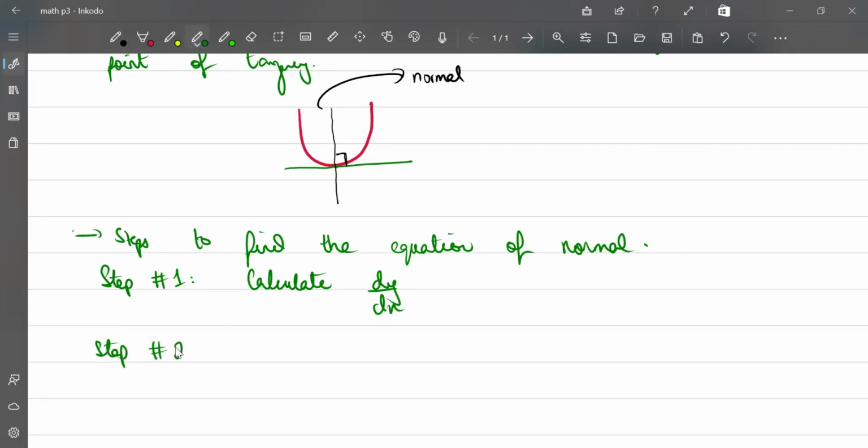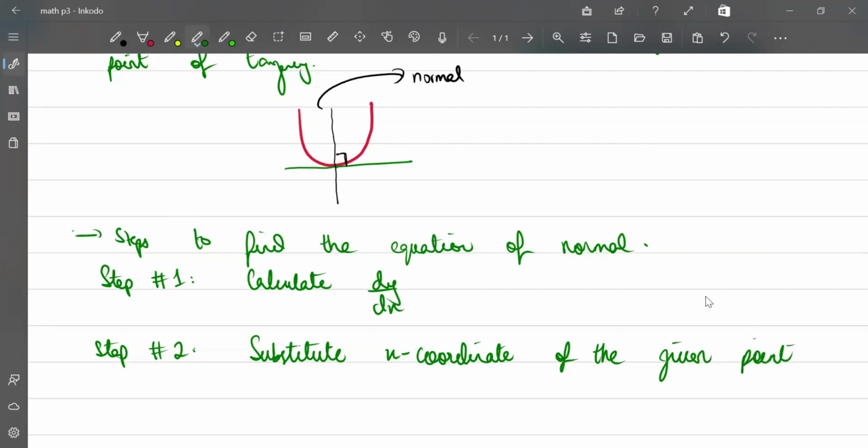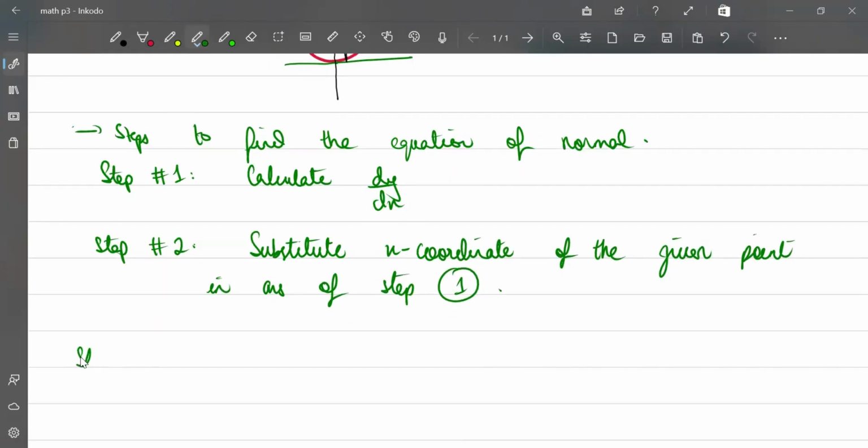Step number two, substitute x coordinate of the given point in answer of step one. All right. Step number three.